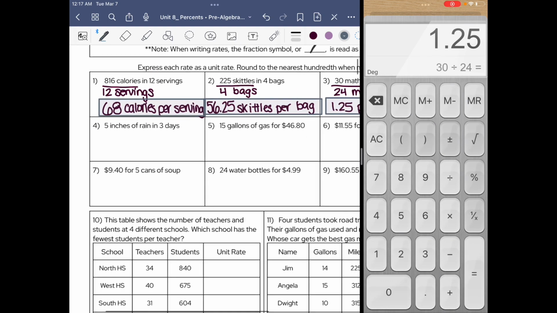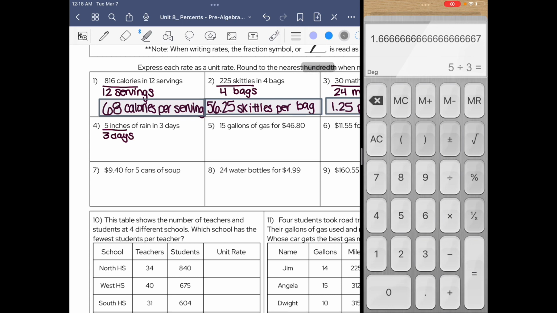Okay? Number 4 says 5 inches of rain in 3 days. So we're going to divide by the 3 days. 5 divided by 3 is 1.6 repeating. When you have a decimal that you need to round, we are always going to round, and then it says it right up here, to the nearest hundredth place.